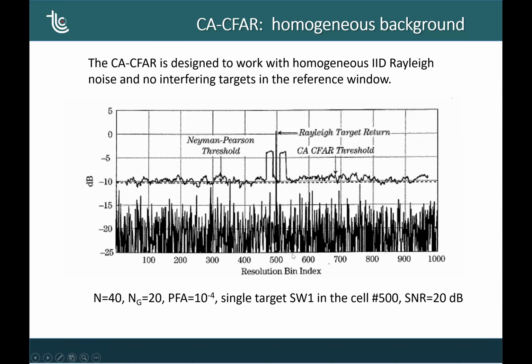So suppose that you are looking at the range being 520. Then again, in the CFAR window that you use to estimate the threshold, so the power of the noise, again, you have a target. And that's why you see this increasing of the threshold. But we are fortunate here because we have only one single target.